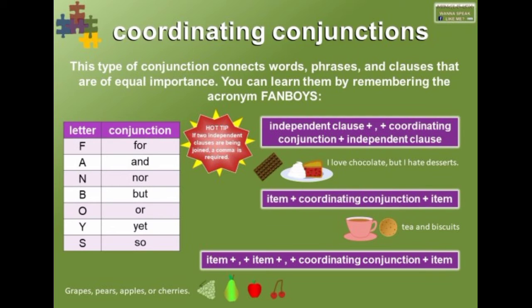It means the person is loving one thing, that is chocolate, which is independent, and I hate desserts is another sentence which is not dependent on the first one. There is no relation between these two sentences, so they are both independent clauses, added by using but, which shows the opposite independent clause.